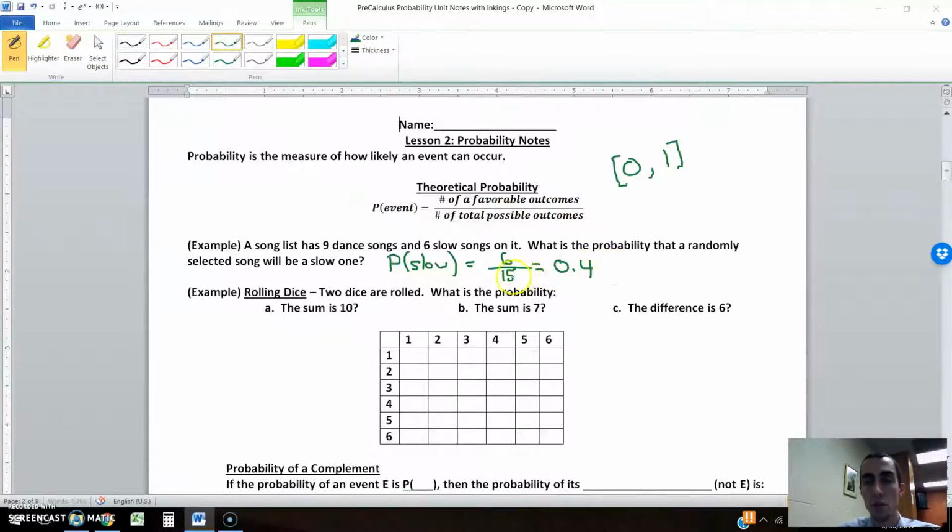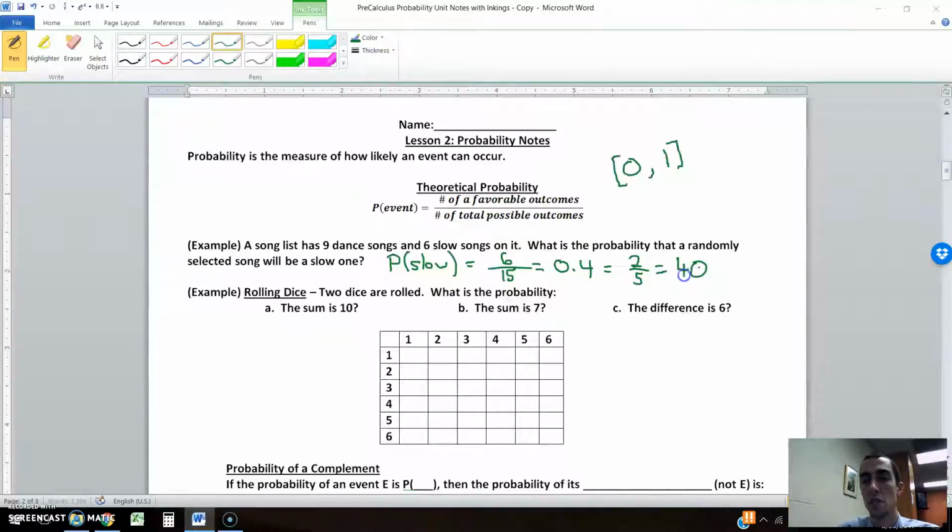And so there are going to be 3 different ways that you might see probabilities written. One of them would be the decimal form, which we see here. Another would be the fraction form. Now, the simplest form of 6/15 is 2/5. And the third way that we might see is the percentage.